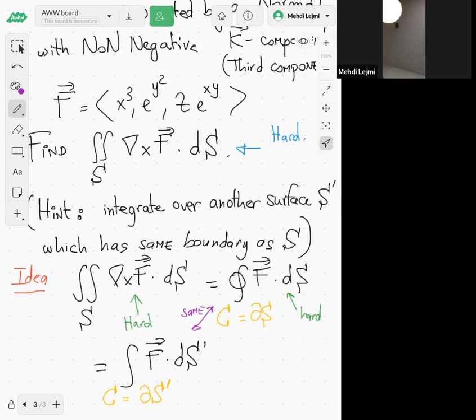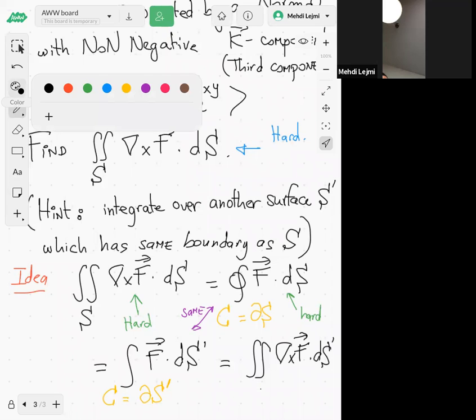But then you can use Stokes theorem to say that this one here is actually the curl of f, but along S prime, and that's a different integral. And this one should be easier to evaluate. So this is over S prime.